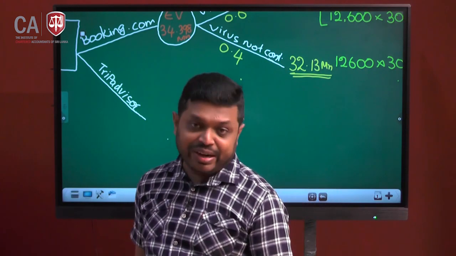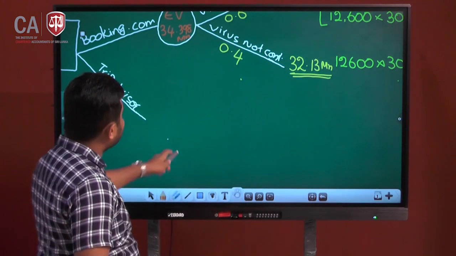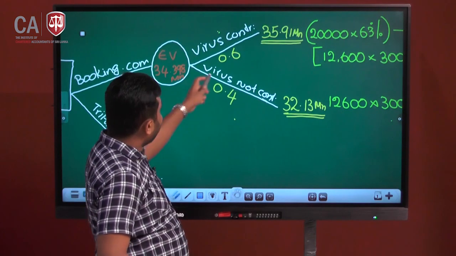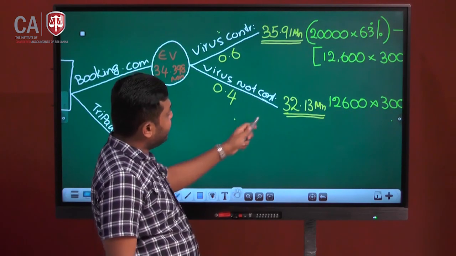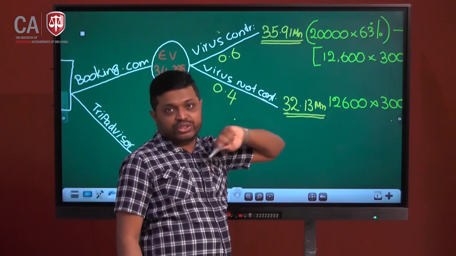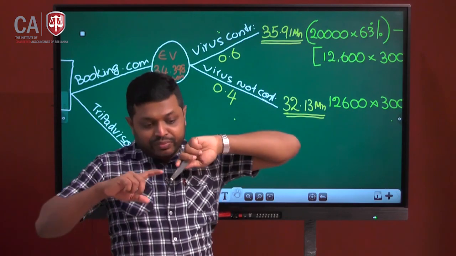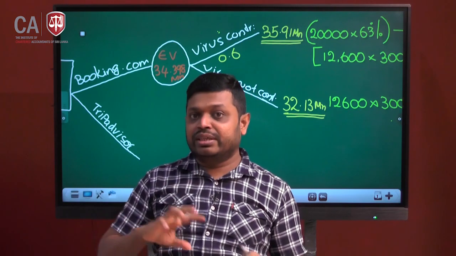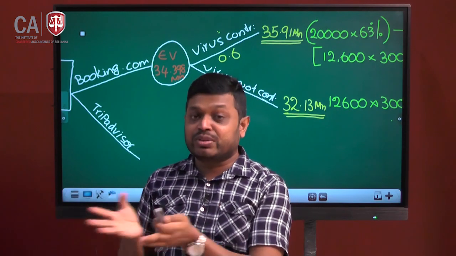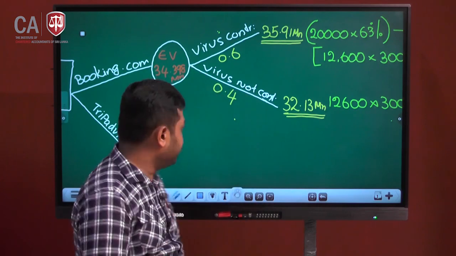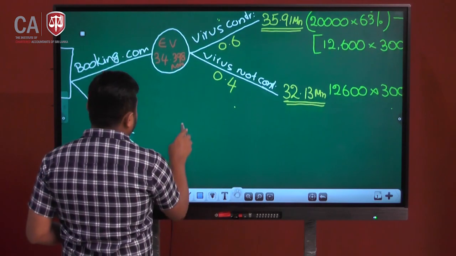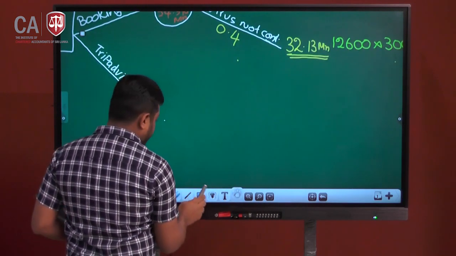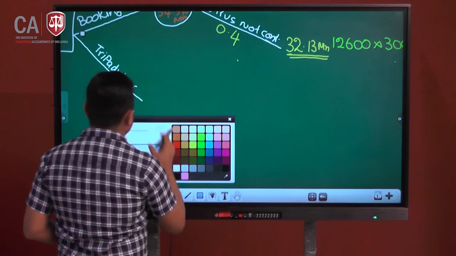With TripAdvisor, same thing: virus controlled and not controlled, and the contribution ratio will change. We have to pay only 5% commission, variable cost 30%, so 35% in total, and 65% will be the contribution.